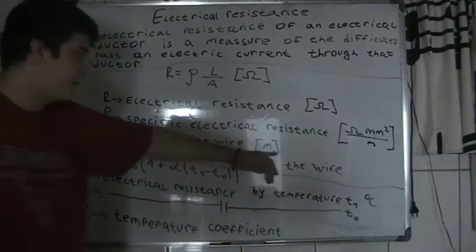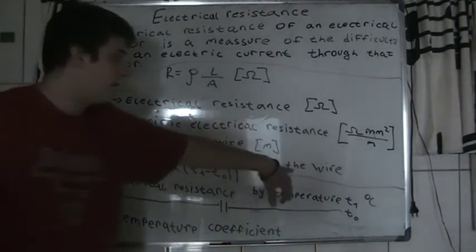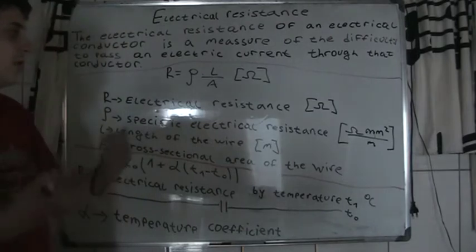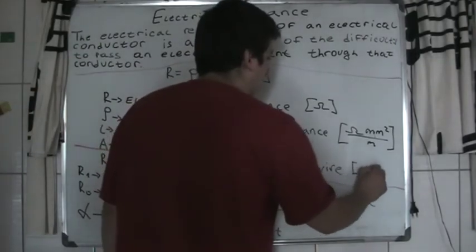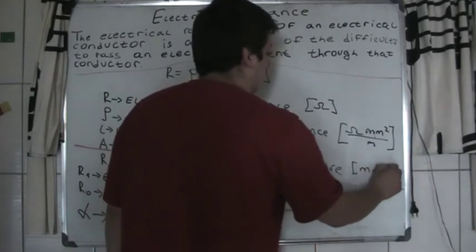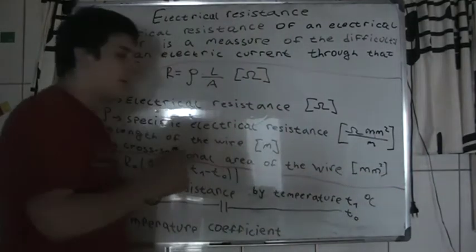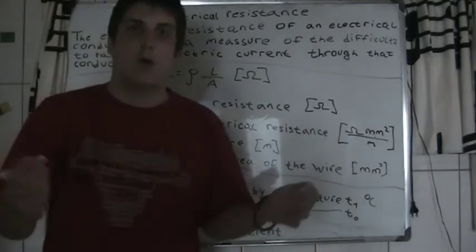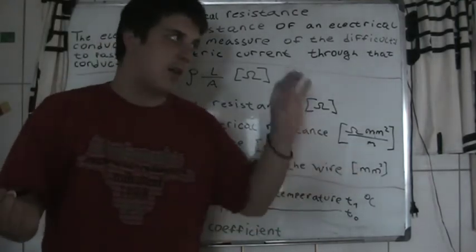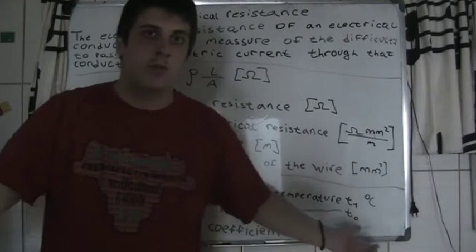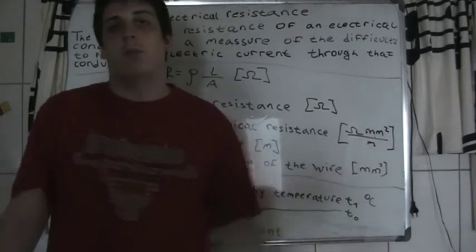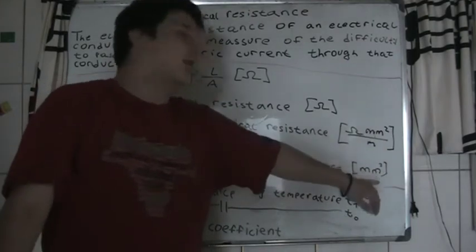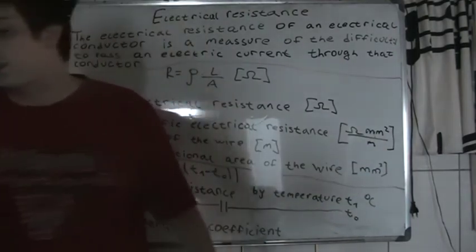The length of the wire is in meters, and the cross-sectional area of the wire we are going to measure in millimeters squared. Why millimeters? Because usually all wires and conductors are really thin. But you can also transfer this into meters. It's not that hard.